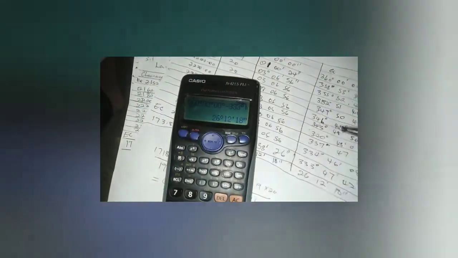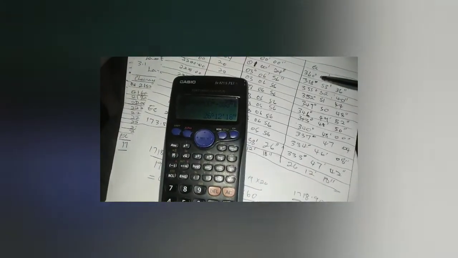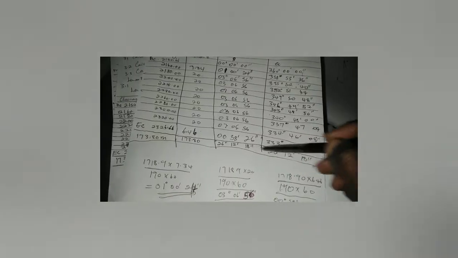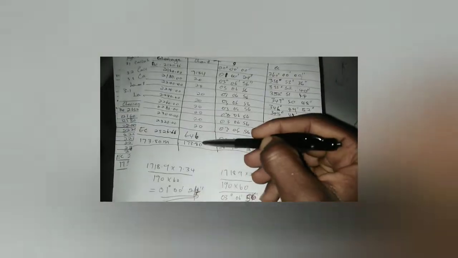I already calculated it. It's the difference between the two. It's 360 degrees minus this, and must give you this. Take note, these two must be the same, and these two must be the same. If they are not the same, then somewhere you made a mistake.